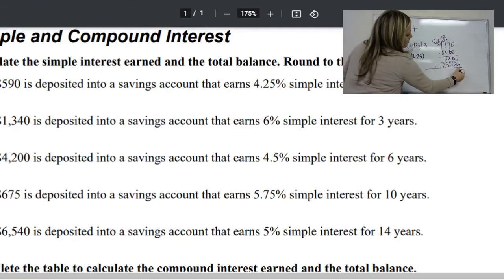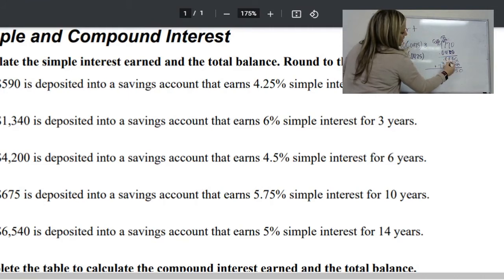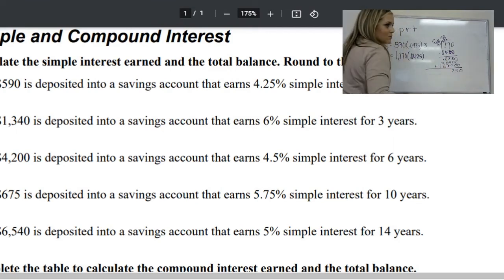Okay, now adding up. 8 and 8 is 16, 16 plus 6 is 22.